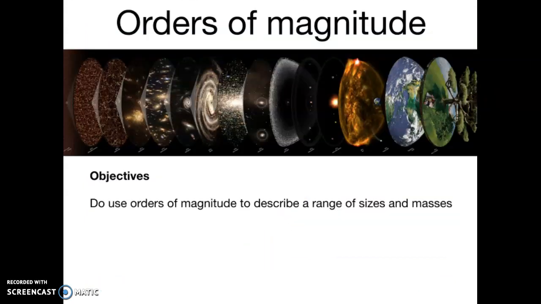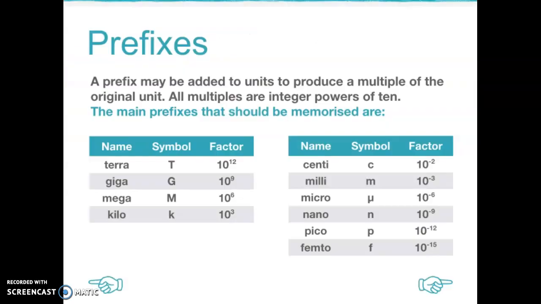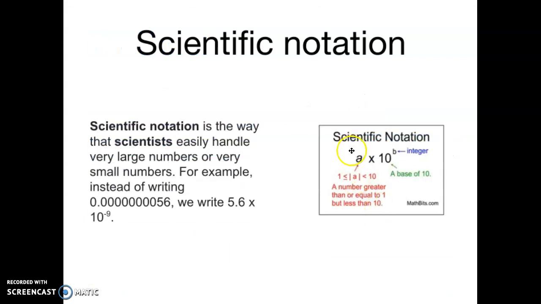Now, the third thing you're going to do today is to look at orders of magnitude. Now, an order of magnitude is this number here. And when we're dealing with physical quantities, we tend to worry less about this number and more about this number. This is our order of magnitude.